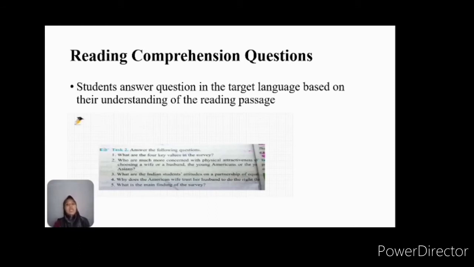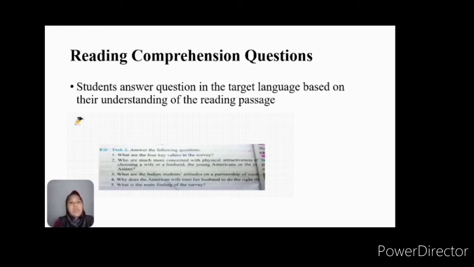Okay, here we come to the example of reading comprehension question. Students answer questions in the target language based on their understanding of the reading passage. We can look the following question here.